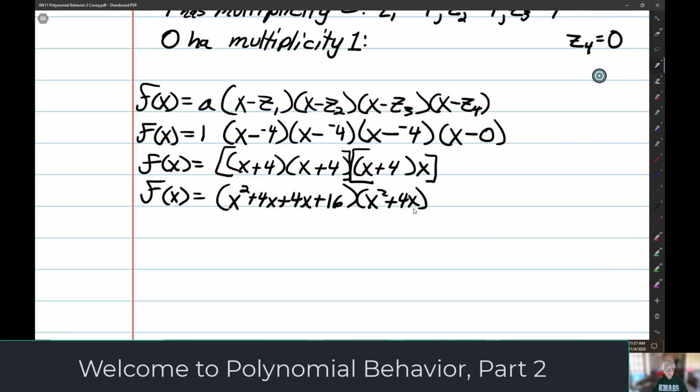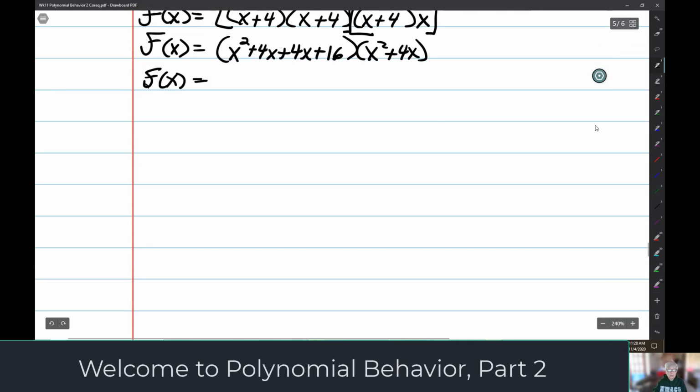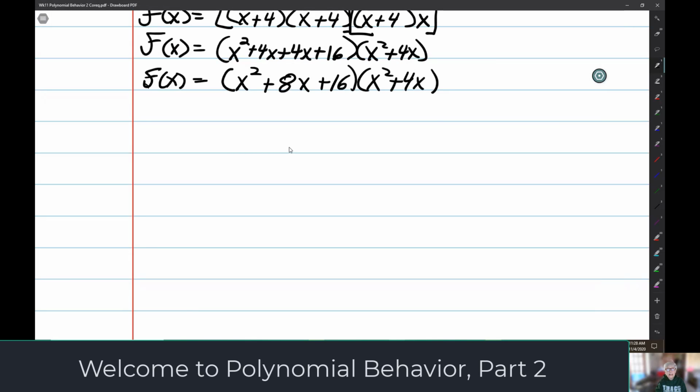Whew. Okay, so this will be f of x equals x squared plus 8x plus 16 in parentheses times x squared plus 4x in parentheses.